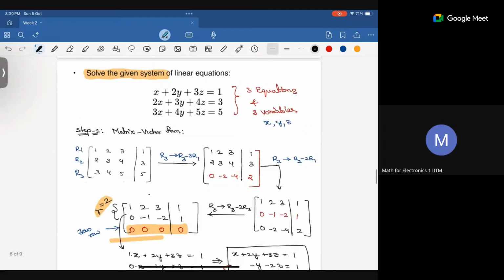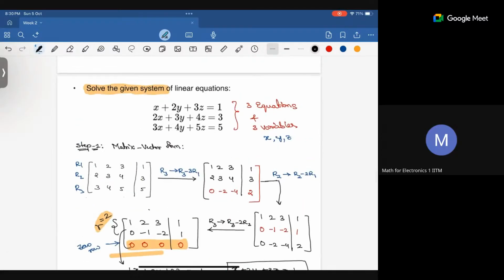So you can scroll up and see. When you write the matrix vector form, you can see that the column entries 1, 2, 3 are these 1, 2, 3s. The column entries 2, 3, 4 are the coefficients of y. 3, 4, 5 are the coefficients of z, and those 3, 4, 5 are in this column.